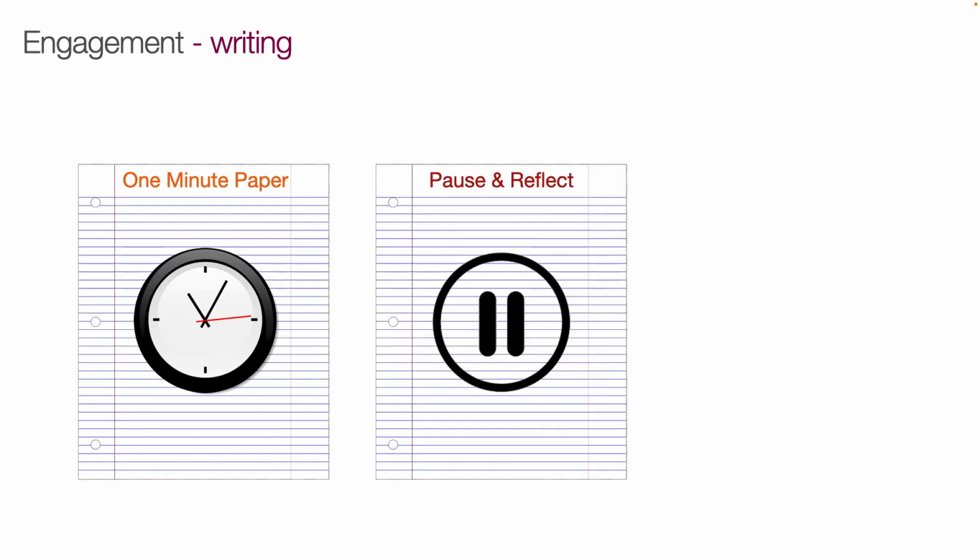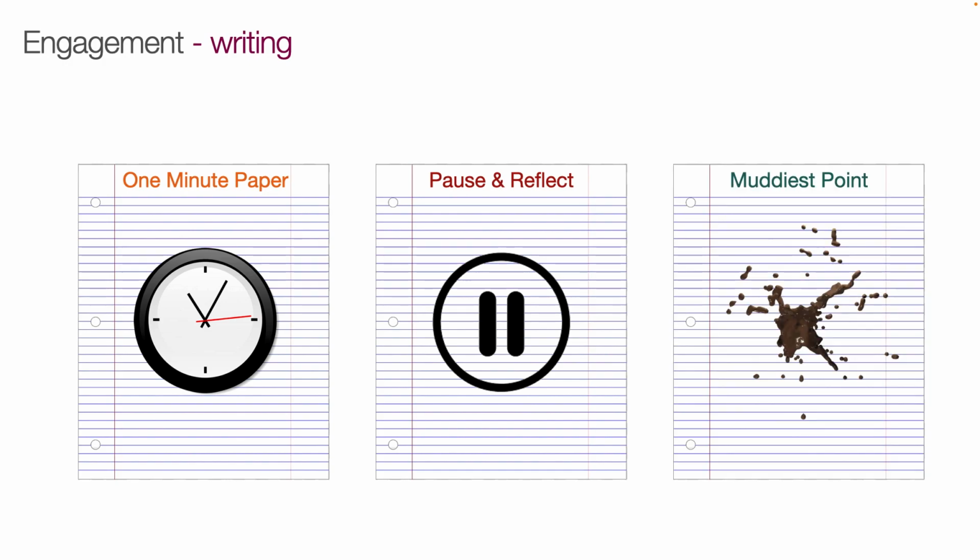Pause and reflect, which gives students a break during a lesson to process their understanding up to that point, which can help students realize holes in their understanding. Or muddiest point, completed at the end of a lesson, that encourages students to identify which elements of a lesson are still unclear and should be followed up on.